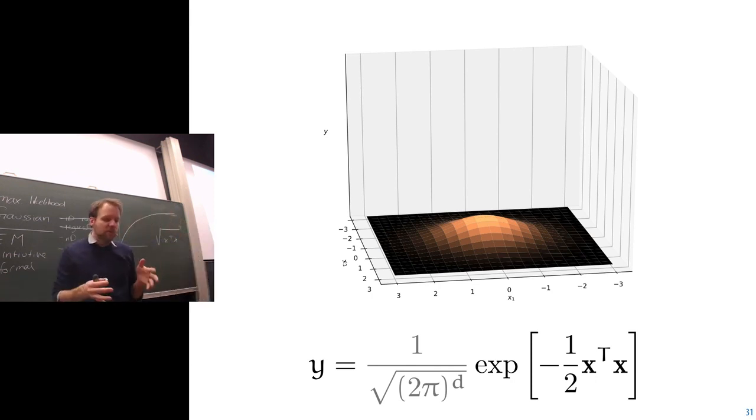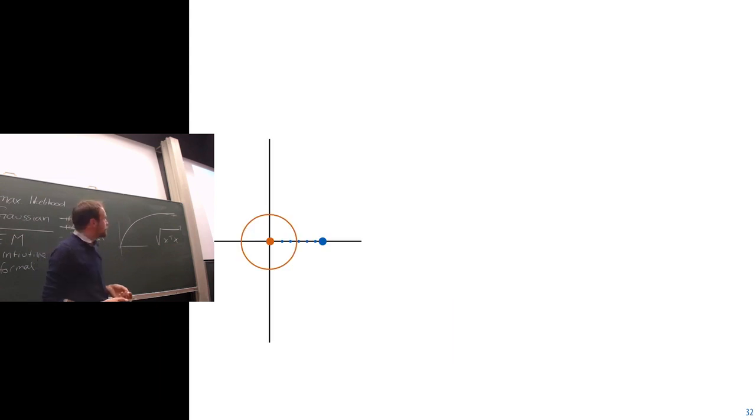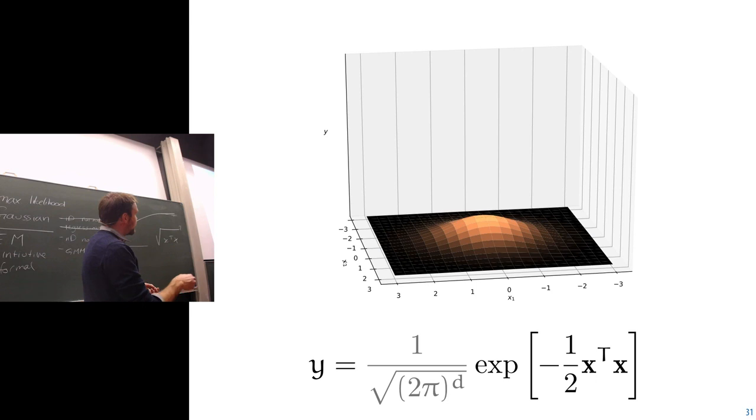We are going to take this function and apply a linear transformation. So we said that any linear transformation of this bell curve is a normal distribution. So if we have a point, this is already normalized, so this is already the standard normal distribution. It has its mean at 0 and variance 1 in every direction.